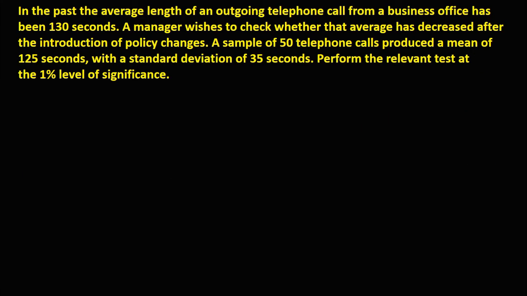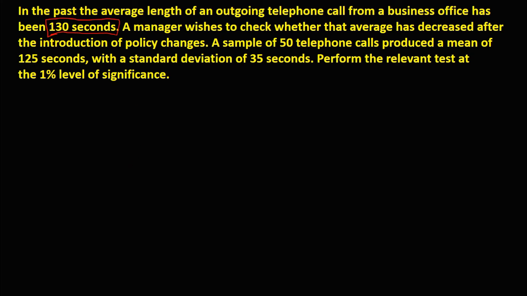And then for this problem, in the past, the average length of an outgoing telephone call is 130 seconds. So this 130 seconds is our hypothesis mean or the population mean.